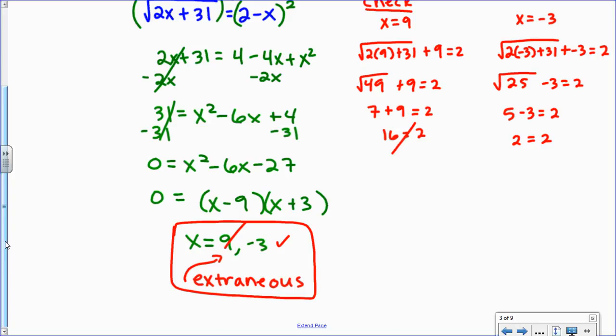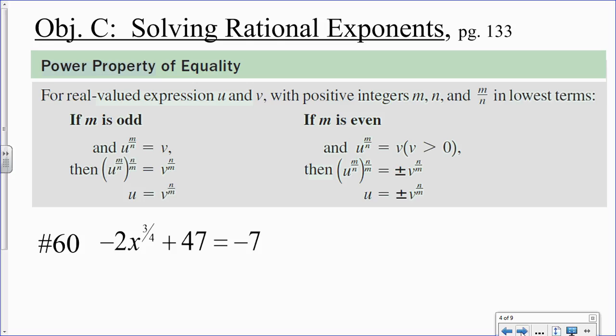Okay. So what we're going to talk about now is solving with rational exponents, meaning you have fractions in your exponents. So I don't know what all you want to write down from this section. Whatever's going to be easiest for you, I'll talk through it, and then you write down the parts you think are important.